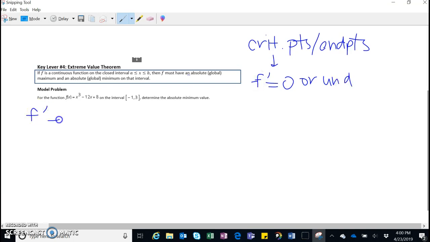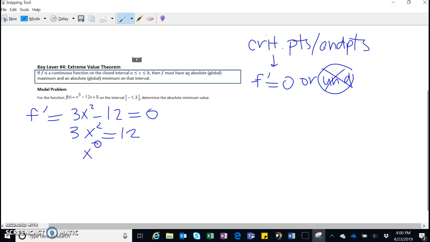So that's the big bulk of the work I have to do. Let me come over here and find my derivative function. That's 3x squared minus 12. That's a quadratic equation, so it's never undefined, which means I won't have any of that to consider, but that definitely equals 0 in a couple places. When 3x squared equals 12, or when x squared equals 4, or when x is equal to plus or minus 2. I'm going to be careful here when I continue on with my work.